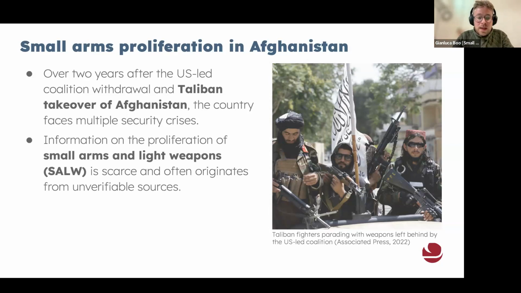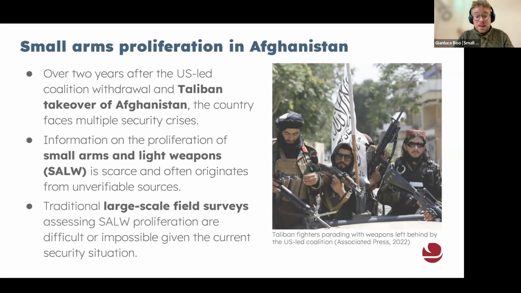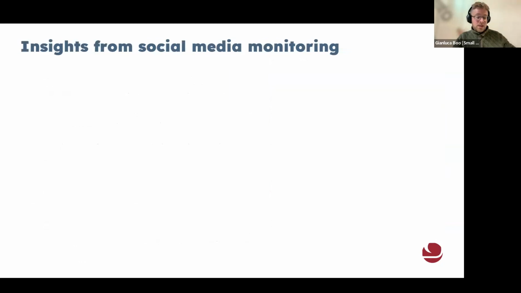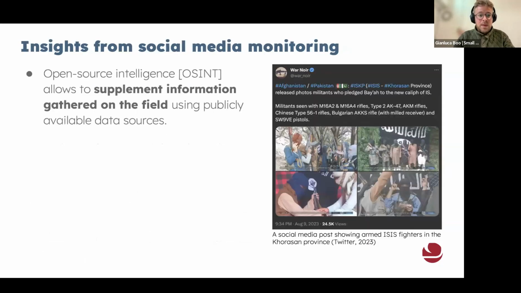But because of the current situation, this kind of large-scale field surveys are difficult or impossible in some regions, given the current security situation. For this reason, we started looking into ways to complement the survey data we managed to collect still in some regions, but to try and build the most accurate picture possible at the country level.